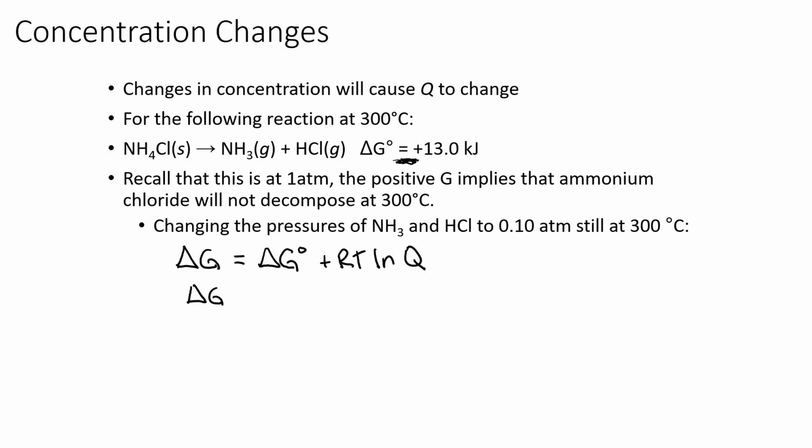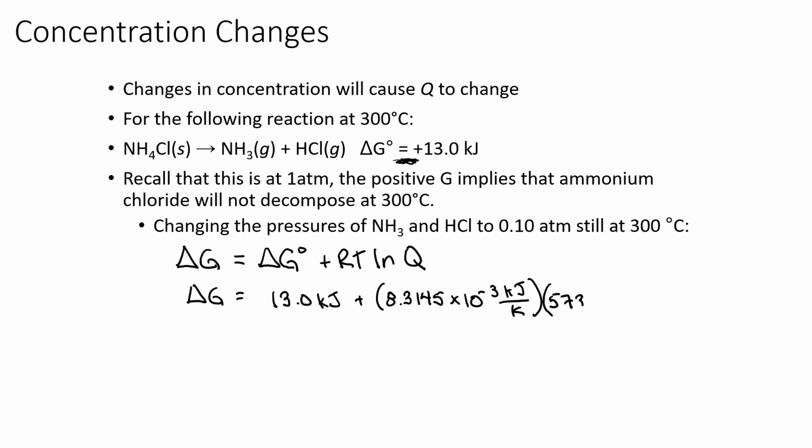We're looking for our new delta G, which is equal to 13 kilojoules plus our R, 8.3145 times 10 to the minus third kilojoules per Kelvin, times our temperature. Our temperature is 300 degrees Celsius, and so we need to convert that into Kelvin.